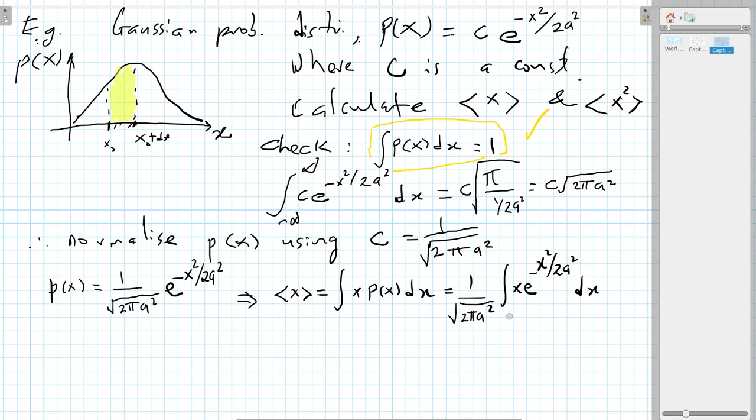I didn't say it, but the integration is done from minus infinity to plus infinity.